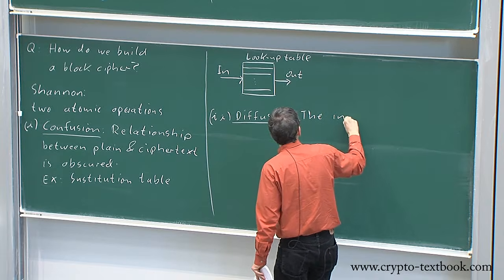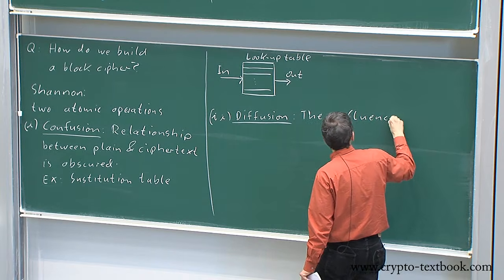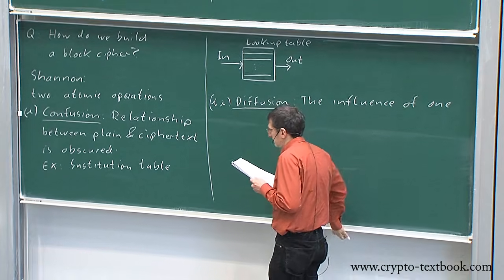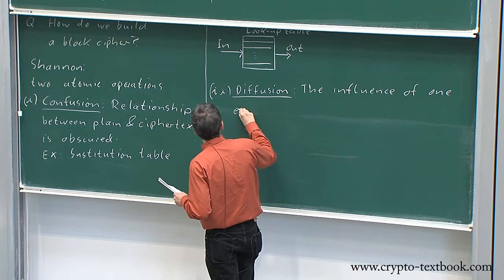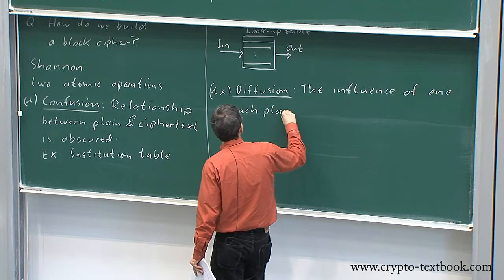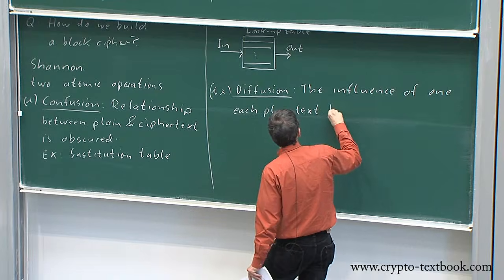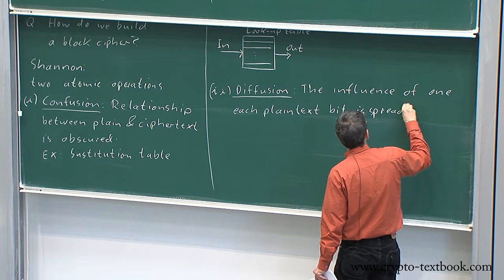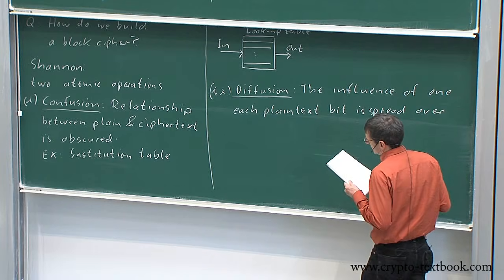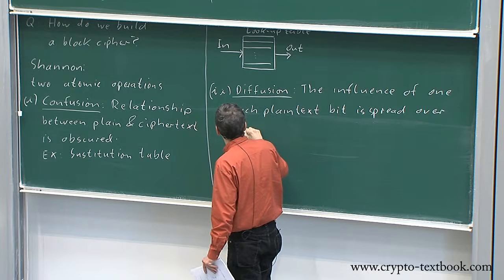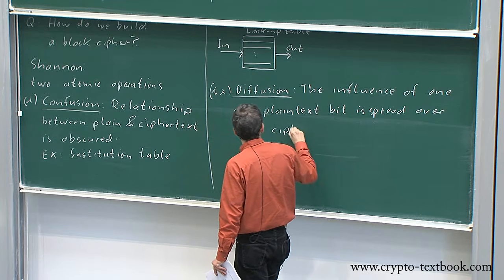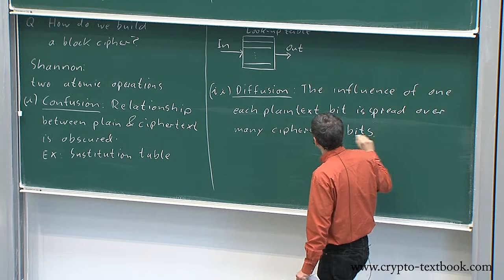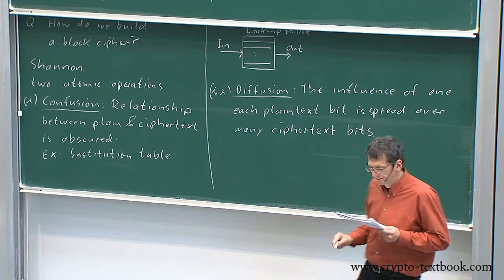The influence of one or of each plain text bit is spread over many ciphertext bits, okay?